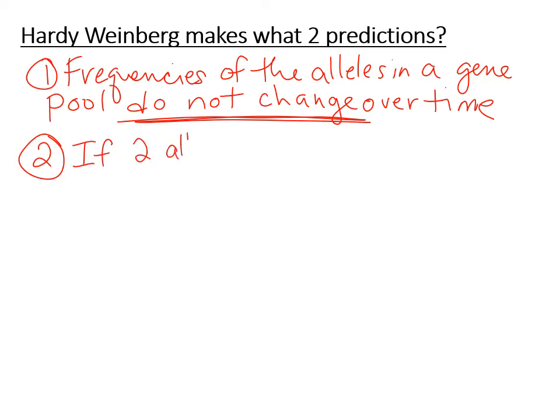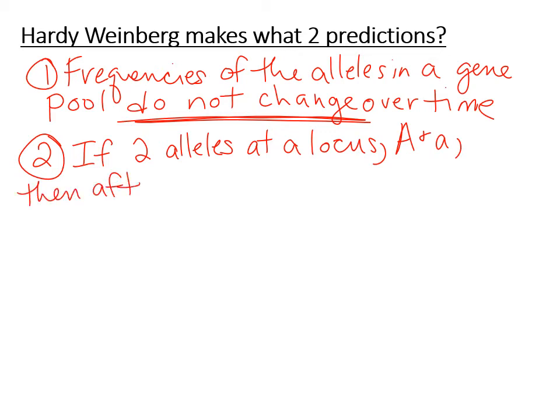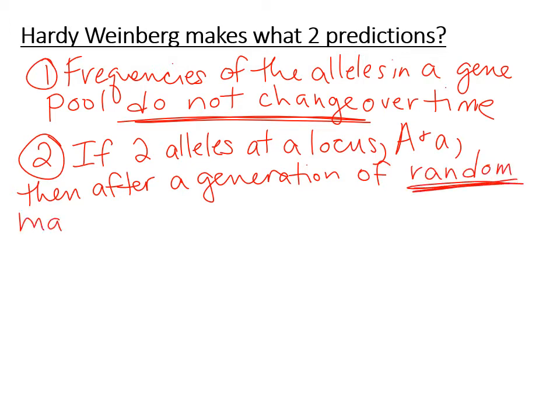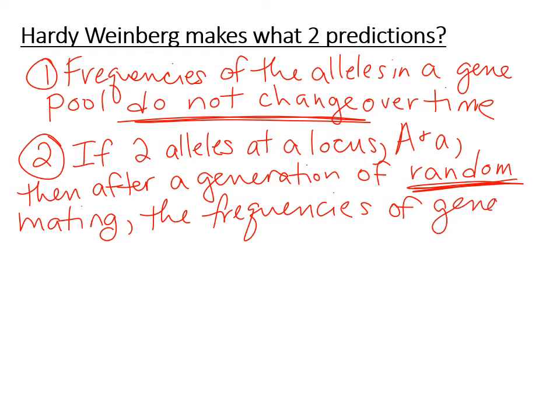So if two alleles are at a locus, and the alleles can either be dominant or recessive, then after a generation of random mating, it's got to be random mating, then the frequencies of the genotypes, again, there should be three genotypes.